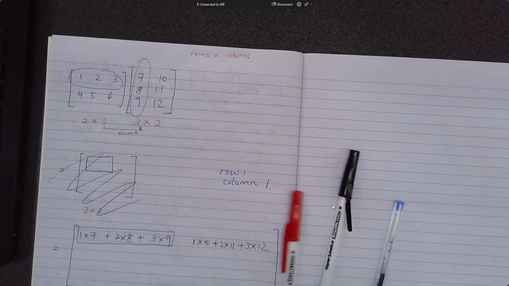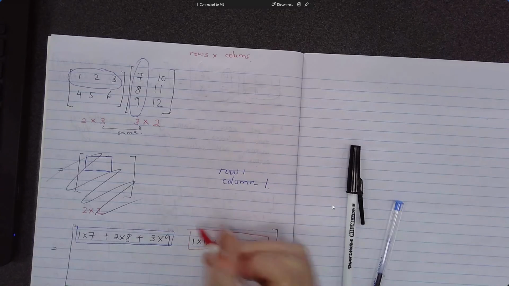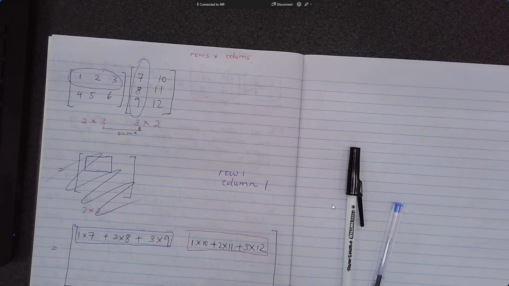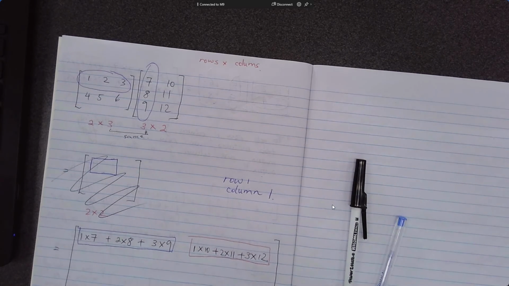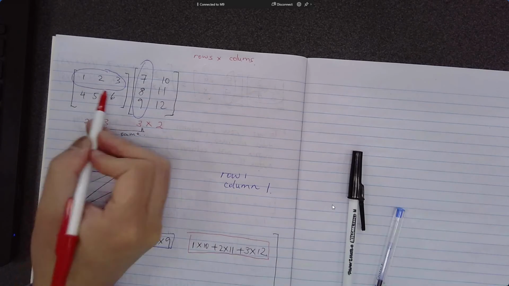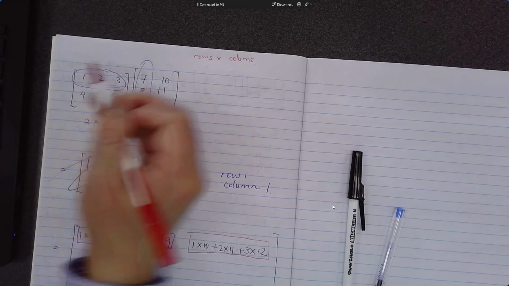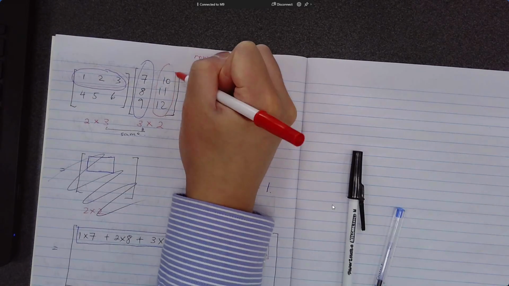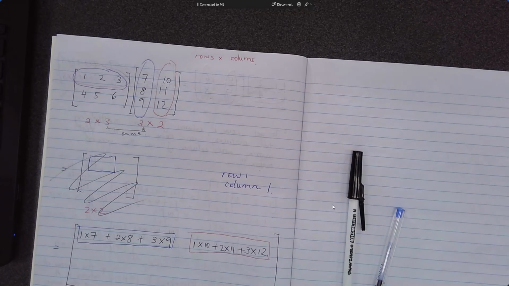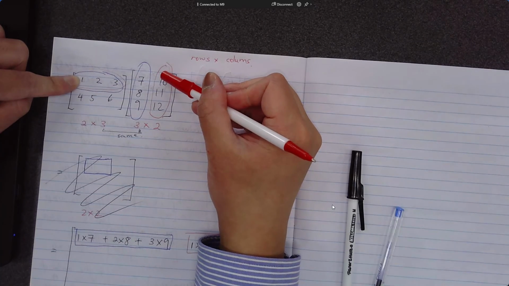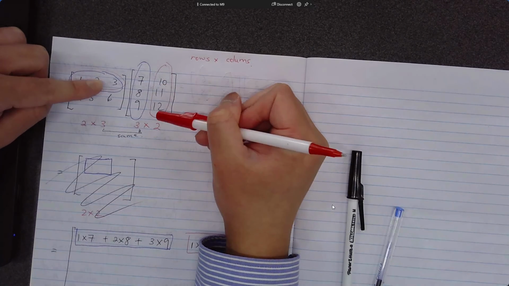Let's say I wanted row 1, column 2. I will still use row 1 in the first matrix, but this time I will use column 2 in the second matrix. Then I take these pairs of numbers, multiply them together, and then add them up.